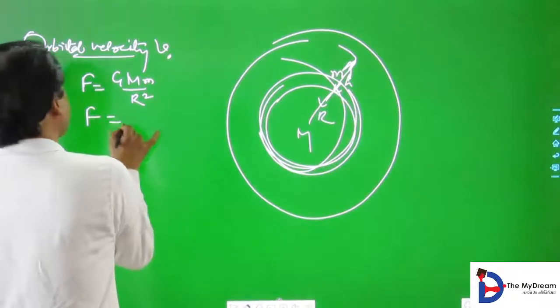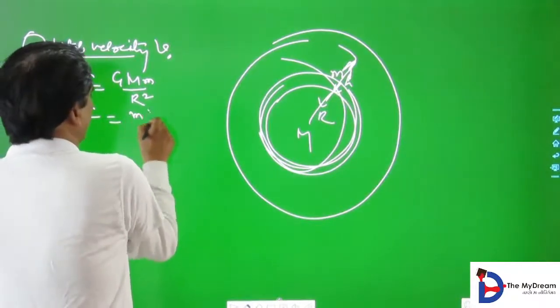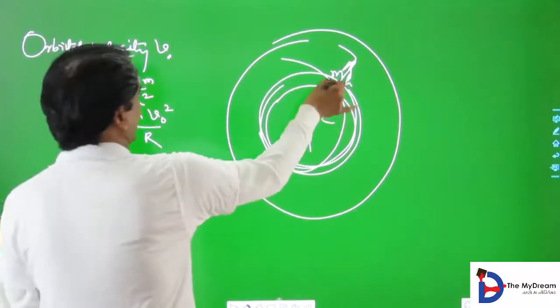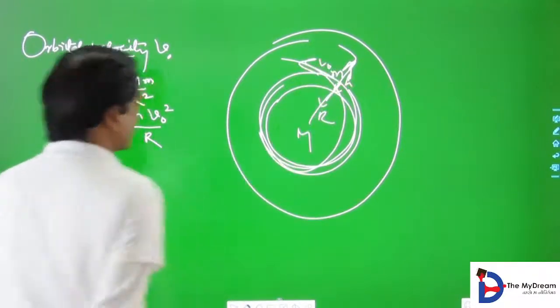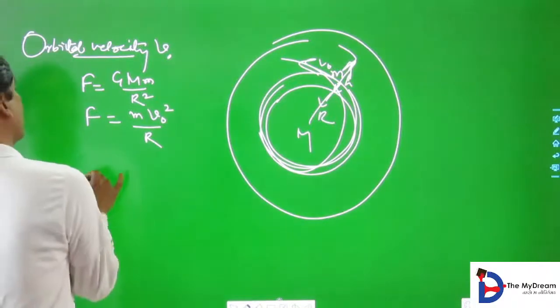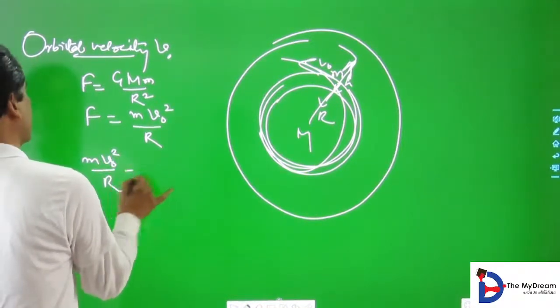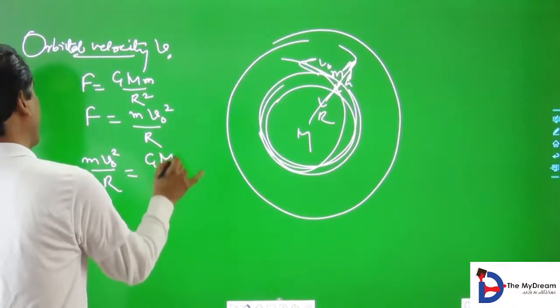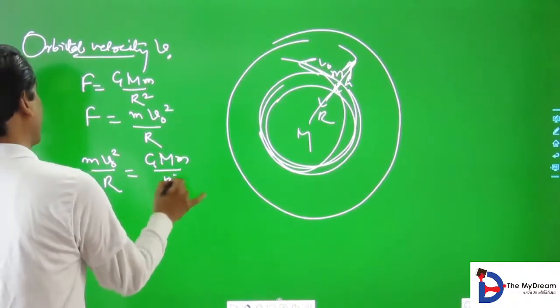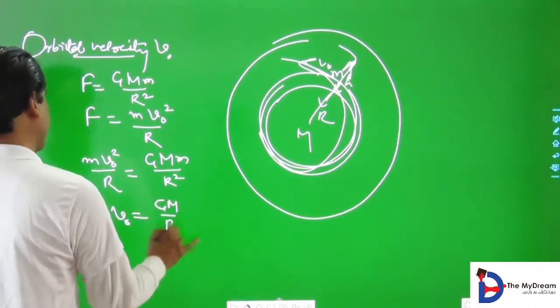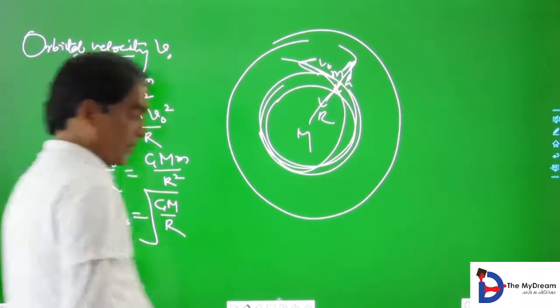So mv naught square by r, v naught the velocity. So mv naught square by r equals GMm by r square and v naught is equal to root of GM by r. This is the orbital velocity.